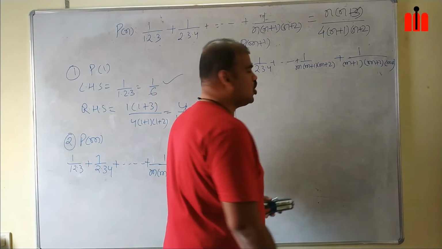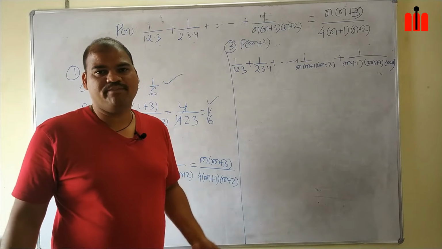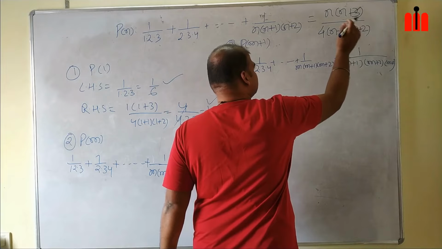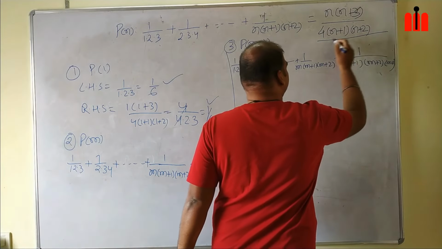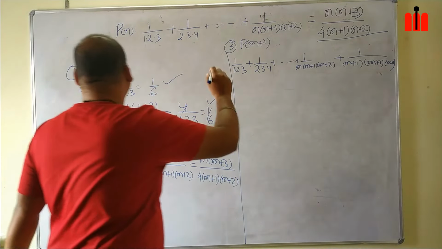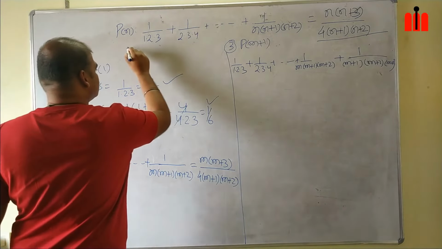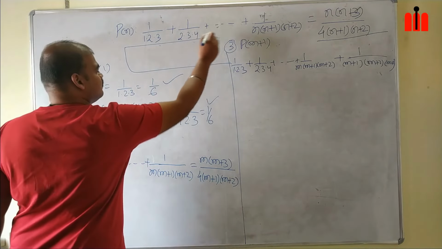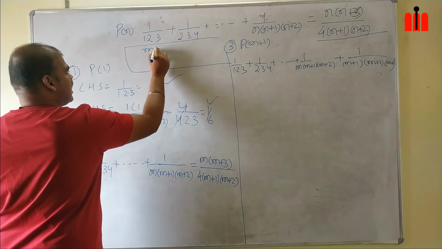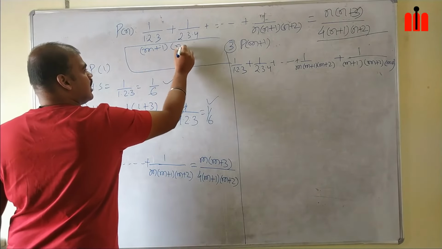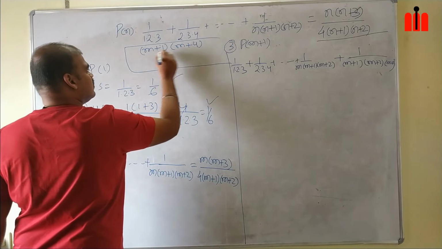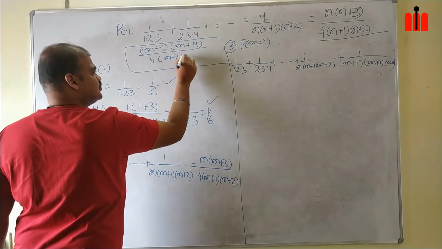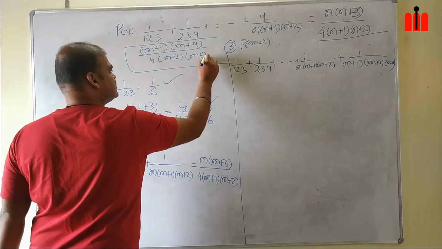Now let's see how the RHS of this Pm plus 1 will look. Let's anticipate that. In this RHS, just put n is equal to m plus 1. Once you put n is equal to m plus 1 over there, you will get your RHS as m plus 1 m plus 4 by 4 m plus 2 m plus 3.